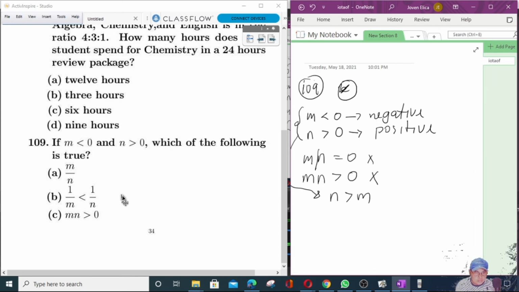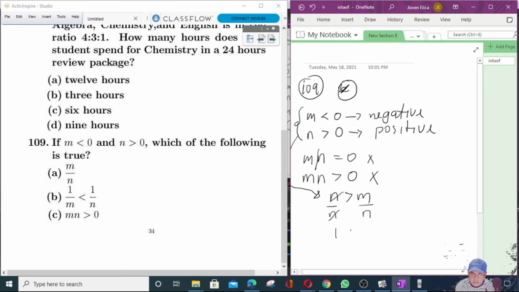If we divide this by n, by inspection, the choices 1 over n will cancel.